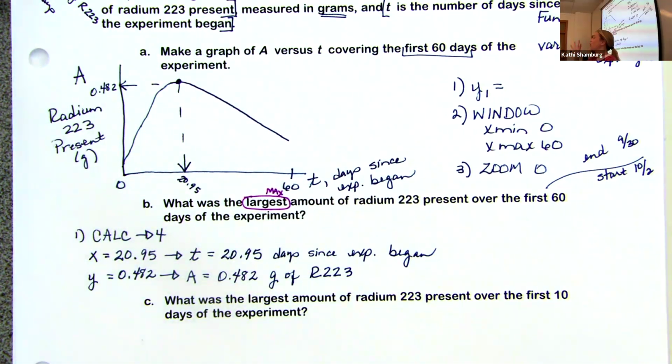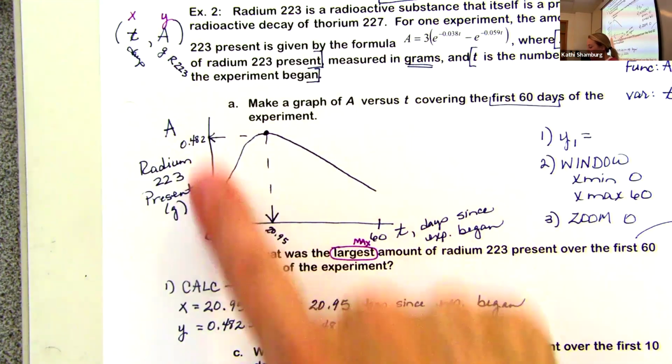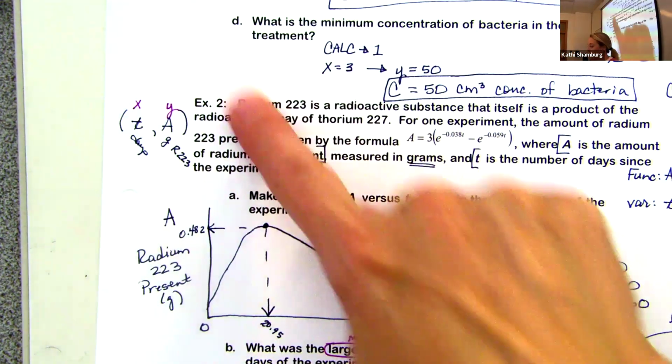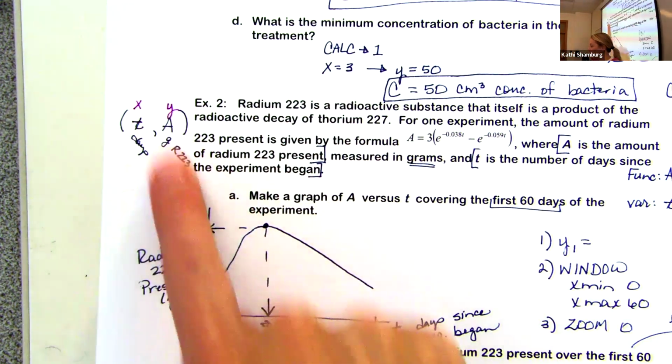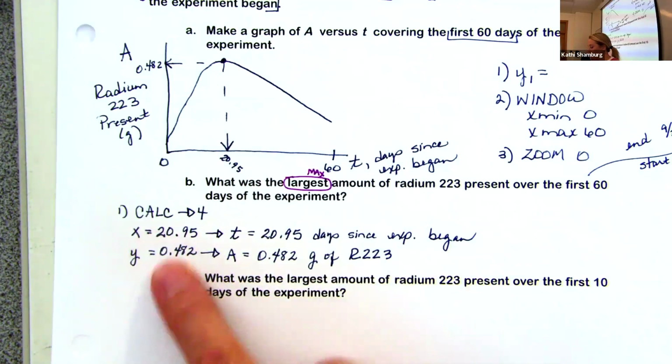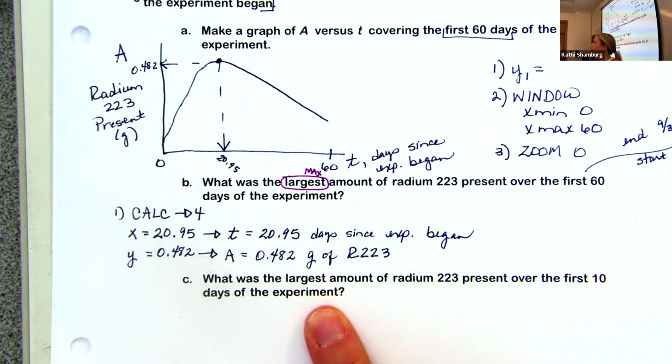Before we actually answer the question, let me tell you why I go through all of that. If you will take the time to define, label your axes, create the ordered pair and label that, when you get the two numbers, get everything labeled.